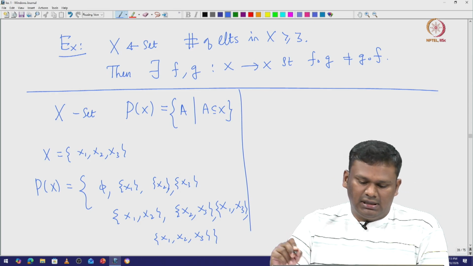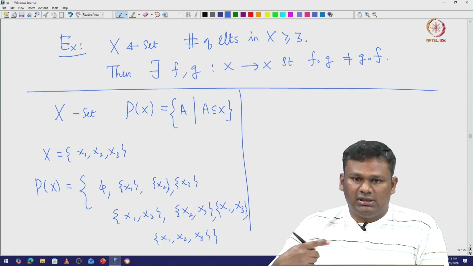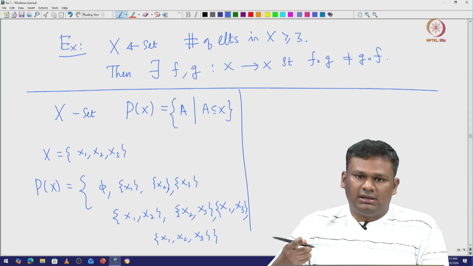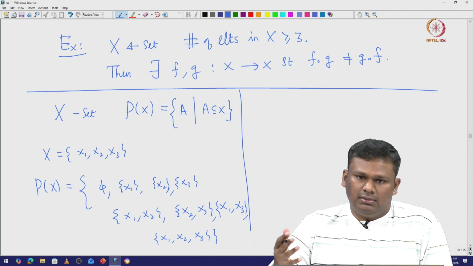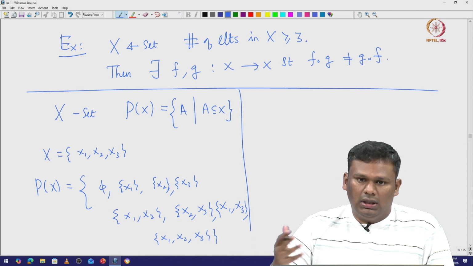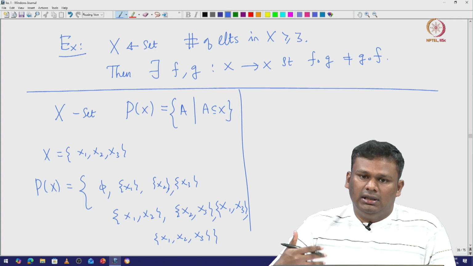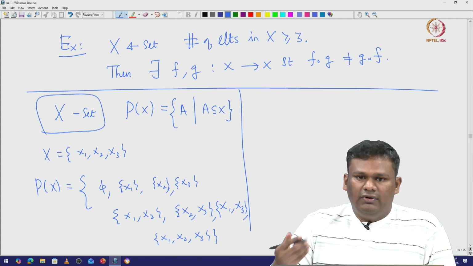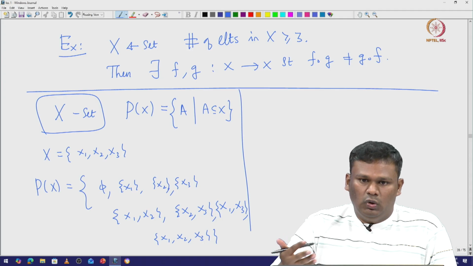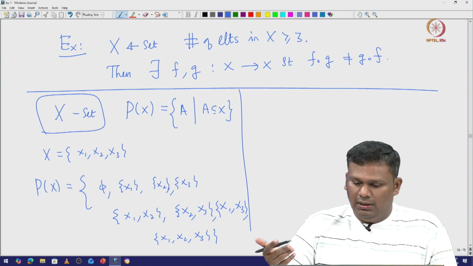But anyway, this example already demonstrates that if you start with a set, the power set of that set must have a larger number of elements than the set that you started with. We want to put that in more mathematical language.